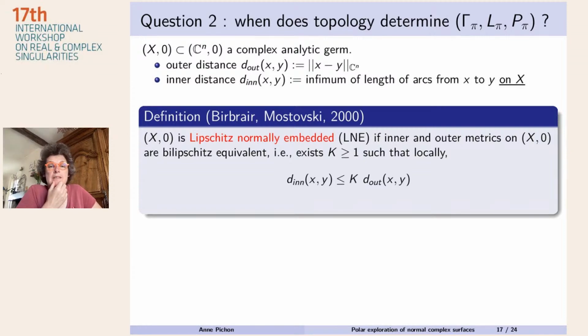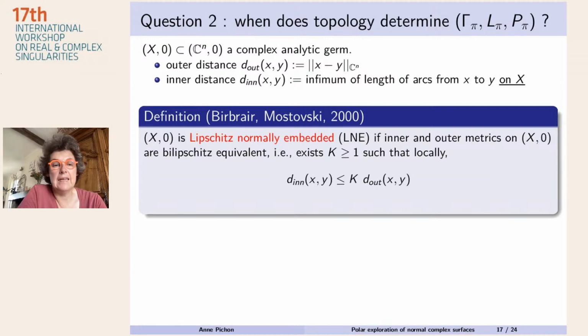And the other one is the inner distance, which is defined as the infimum of length of arcs between the 2 points for which you want to compute the distance. So you take 2 points, X and Y on X, and you consider all the rectifiable arcs between X and Y, and you take the infimum of their lengths.